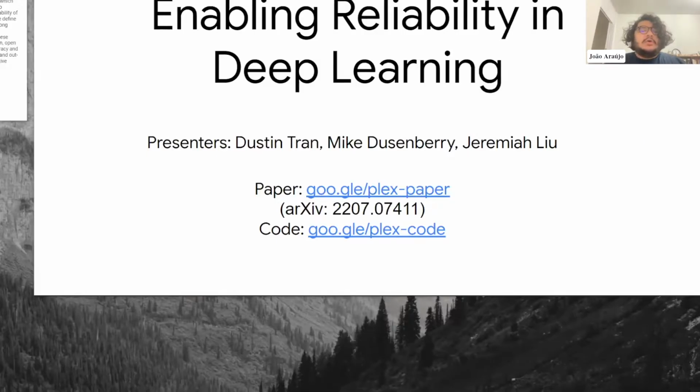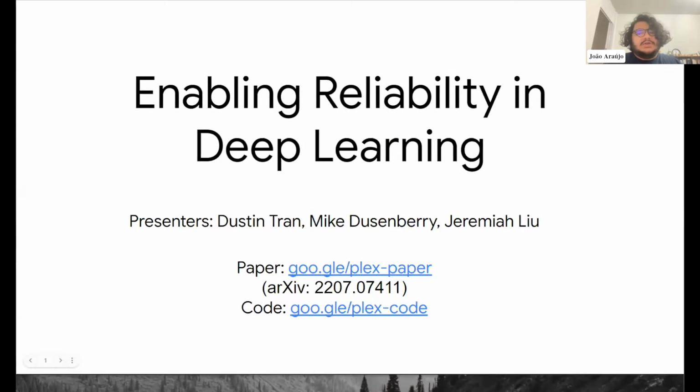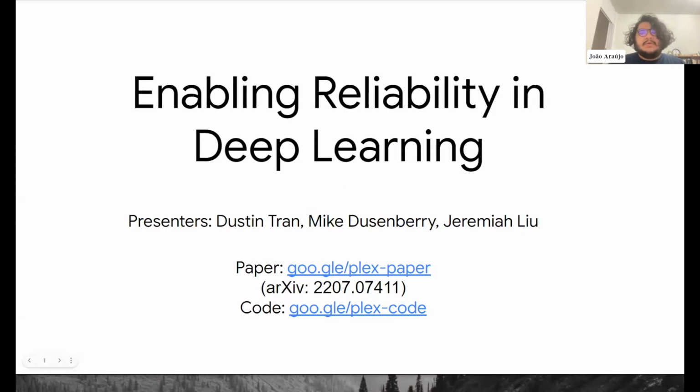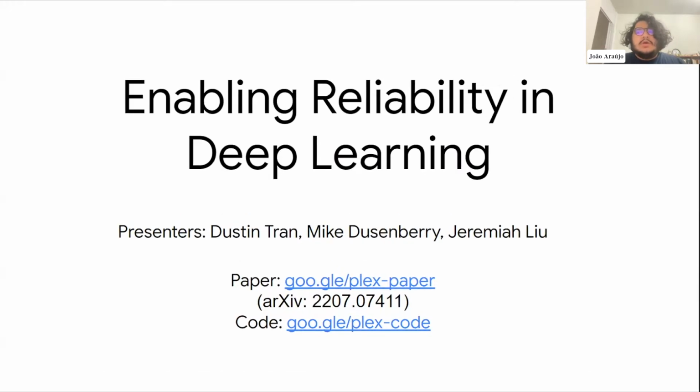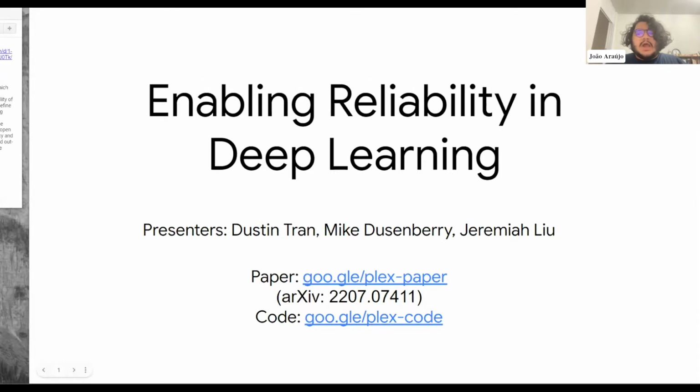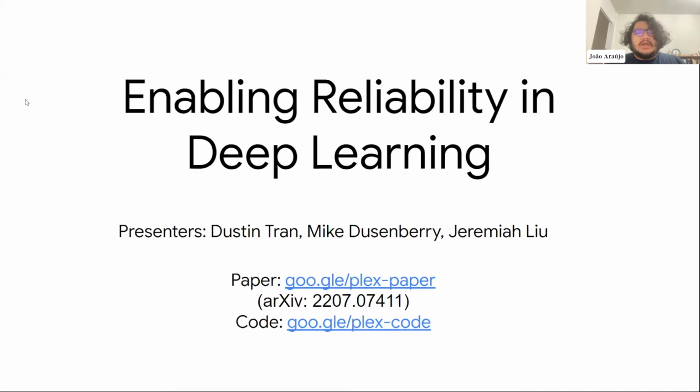They are going to be talking about Plex, which is a recent paper by their team from Google Brain that explores how to make deep learning more reliable while keeping good performance in many tasks ranging from vision to NLP. Our team of speakers is truly amazing.